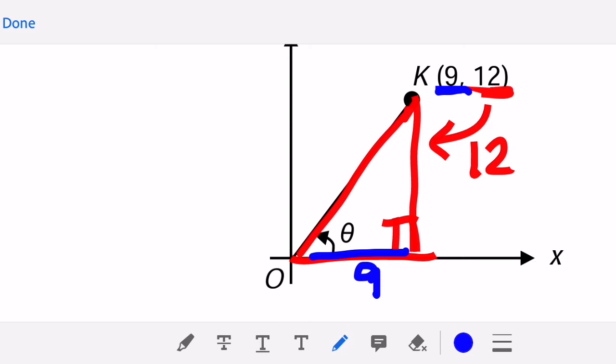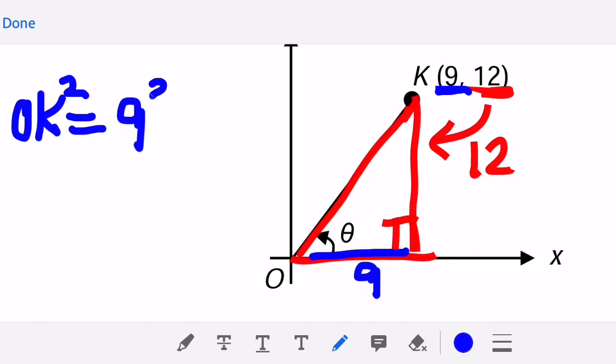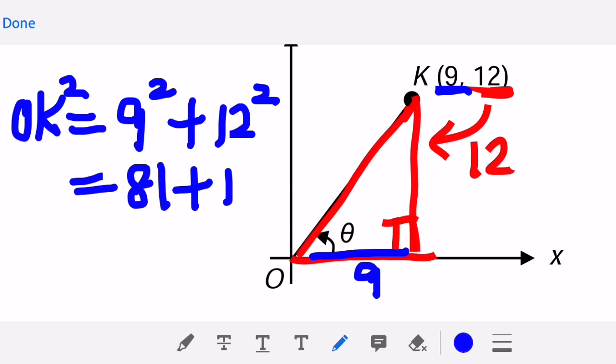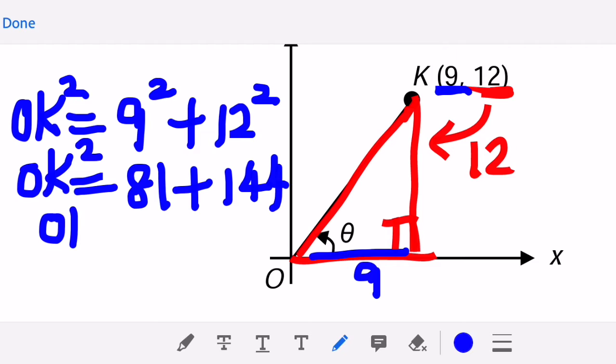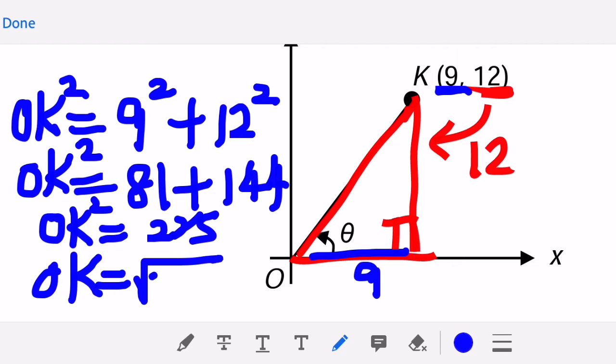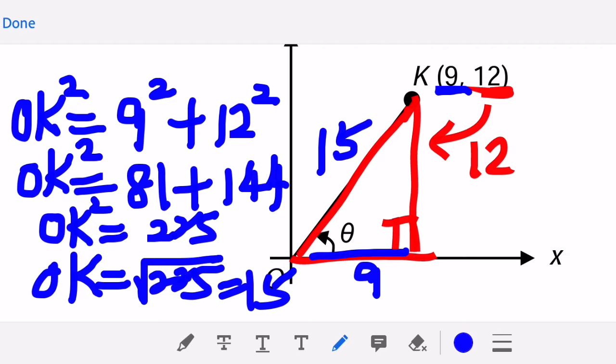OK square is equal to 9 square plus 12 square, right? 9 square is 81, 12 square is 144. So OK square is 225. If we square root 225, we will get 15, meaning that the length of the hypotenuse is 15.